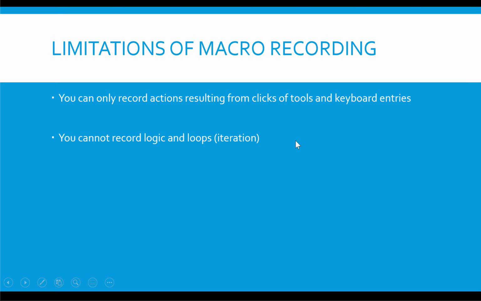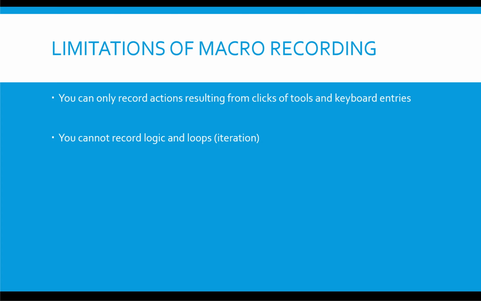Now, like what I said, there are limitations to macro recording because you can only record actions or tasks resulting from the clicks of your tools and keyboard entries. You cannot record logic and loops. Macro recording will only perform the task exactly as how you performed it.